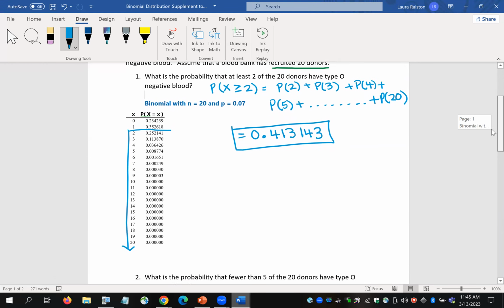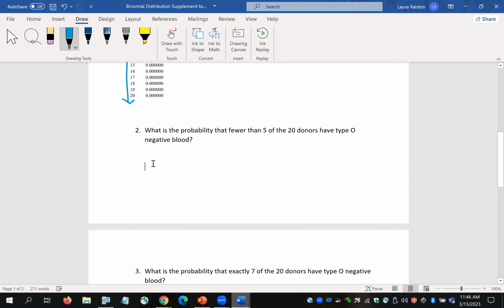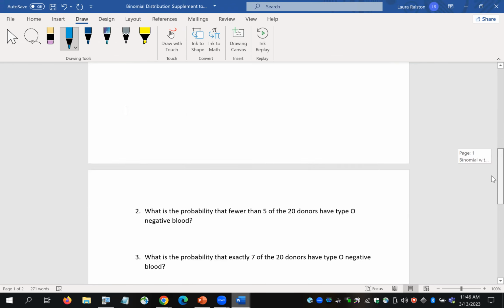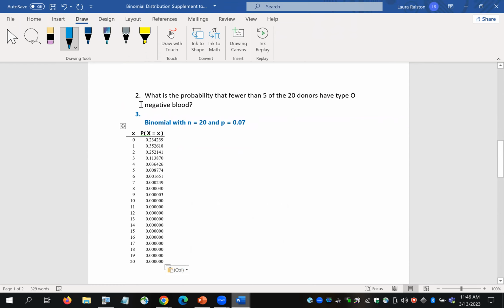Nana, you all right? Yes. All right, question 2, and I'm going to move this down so I'll have room, says, what is the probability that fewer than 5? Okay, fewer than 5. Again, it's the same table. We've already created it.